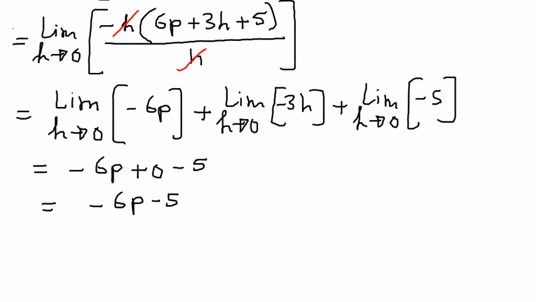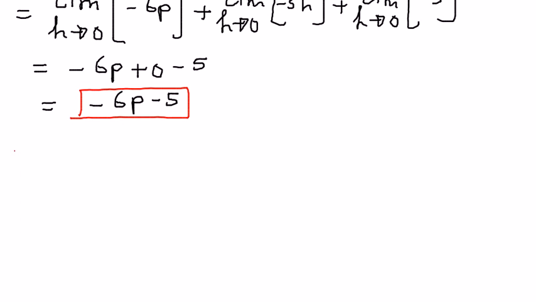Negative 6p minus 5. Let me go back and tie it back into the problem. The demand for a certain item is given to us by this function d of p, negative 3p squared minus 5p plus 300.